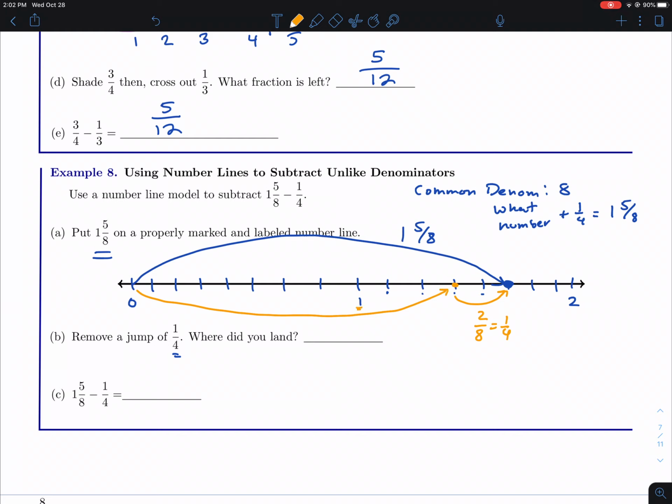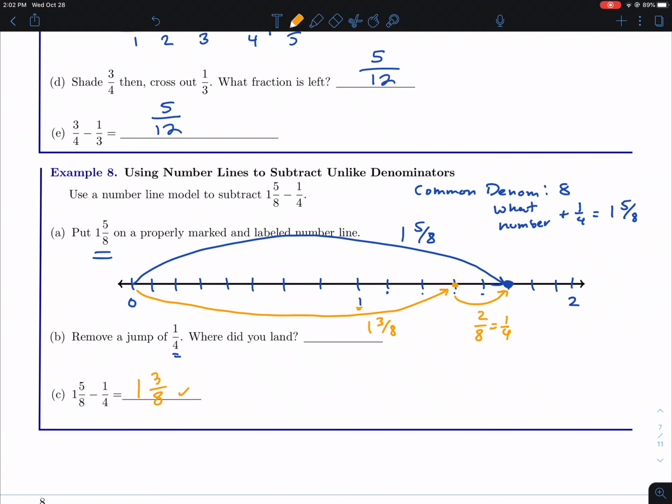Well, I definitely have the whole number 1, and then 1, 2, 3 tick marks. So it looks like 1 3/8 is what I'd have to add to 2/8 in order to get 1 5/8. I think that matches up with what we did with the fraction strips, which is perfect. So finally, 1 5/8 minus 1/4 is the same thing as 1 3/8.